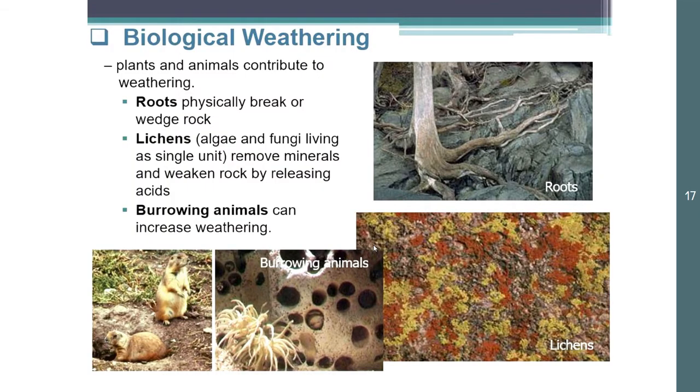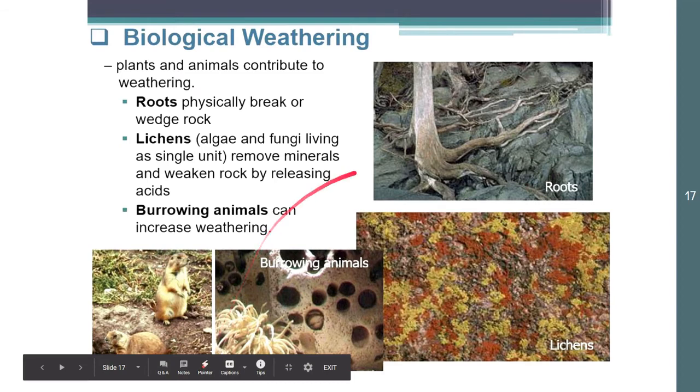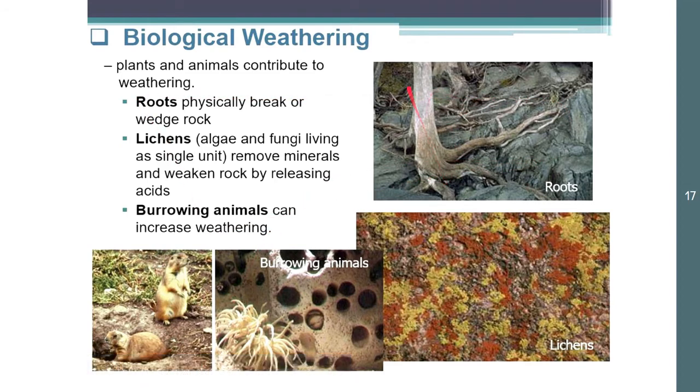Another major type of weathering is biological weathering. Here, plants and animals are the ones contributing to weathering of rocks and rock formations. For example, plant roots or tree roots can physically break or wedge in between the rocks, causing them to fall apart.